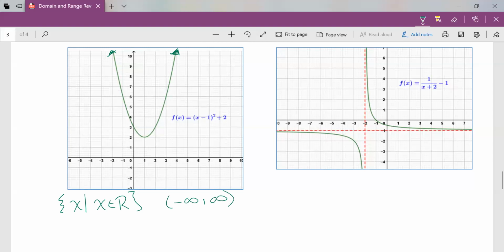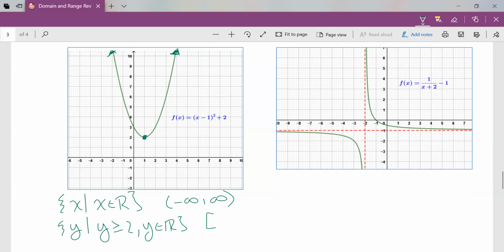My range, well, definitely my range, my graph stops going down right there when y is 2. It has a minimum. So I'm going to say the set of numbers y such that all of my y values are bigger than 2, including 2. So y is greater than or equal to 2. y is an element of the reals. In my interval notation, I go from small to big.